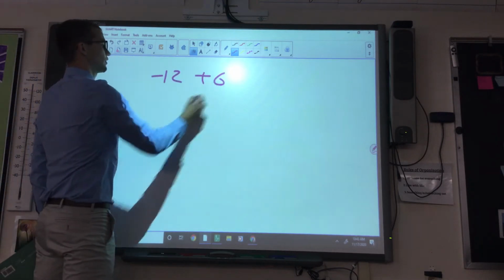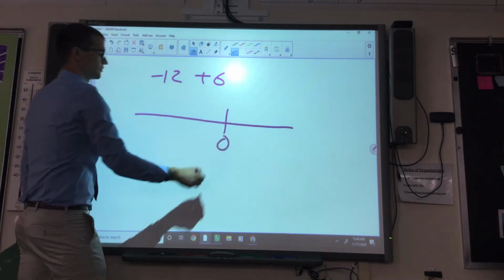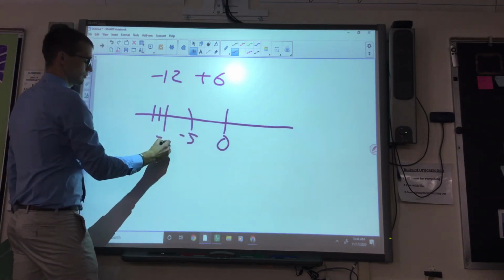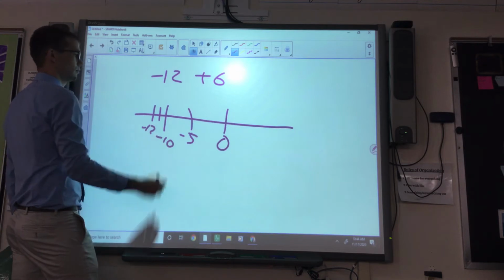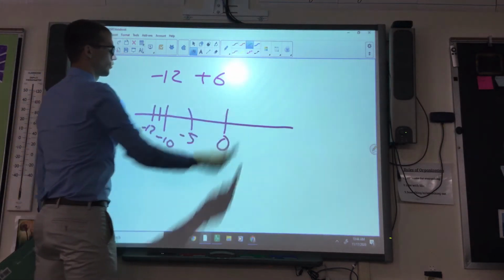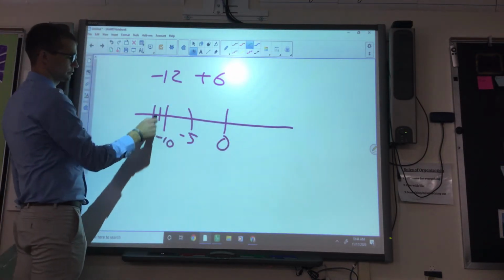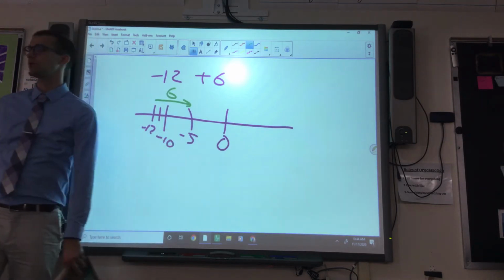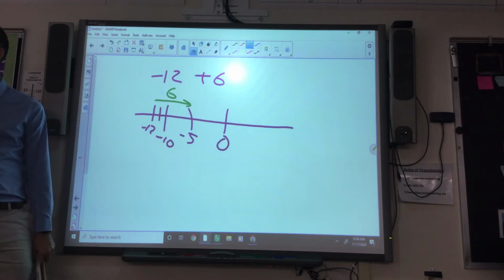If you go to page 68, you can see evaluate negative 12 plus 6. Negative 12 plus 6. Again, I start off at 0, negative 5, negative 10, 11, 12. And I'm going forward 6, so I go this way 6 from negative 12. I go forward 6, I'm going to end up at what?